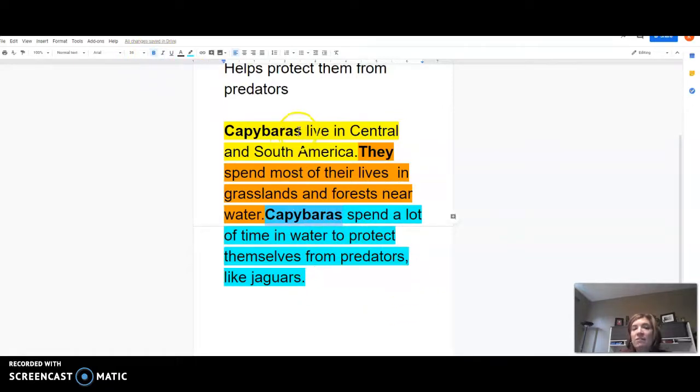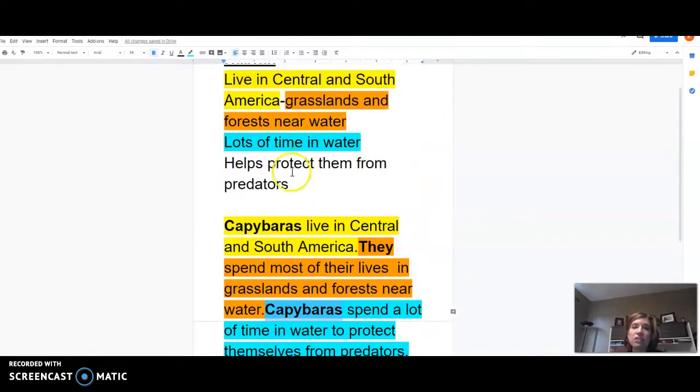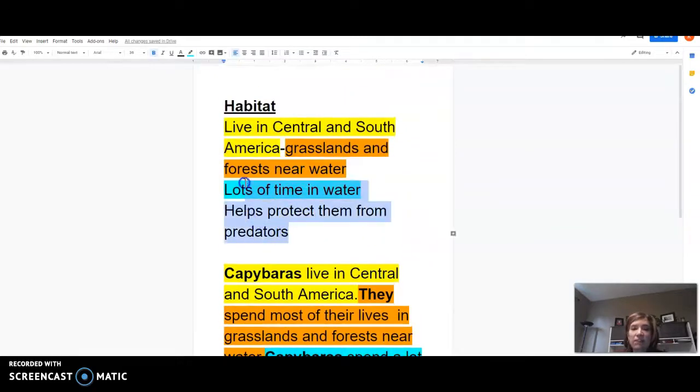So I have made sure to start each sentence with capybaras, or a word like a pronoun that can take the place and let the reader know that you're still talking about capybaras, okay? So sometimes I said capybaras, sometimes I said they, okay? Make sure that you have that really strong start to each sentence. We call that a subject when we're writing a sentence. A sentence has to have that, okay? Do not copy your notes today, friends.